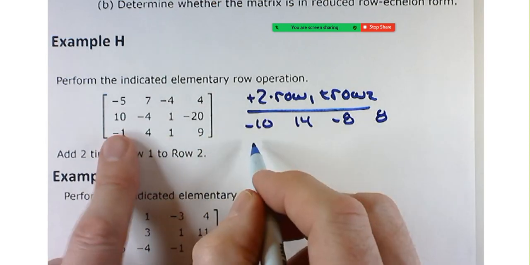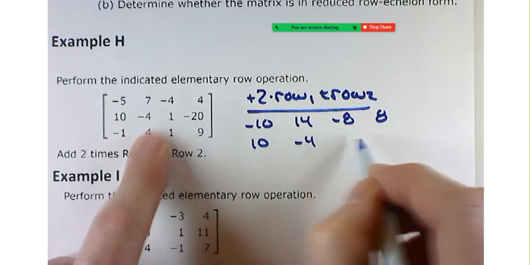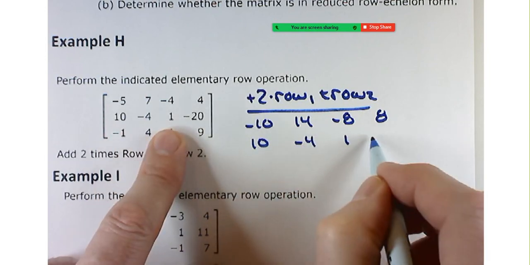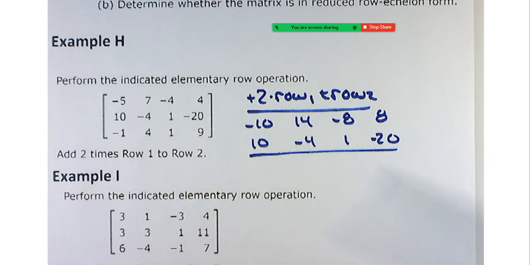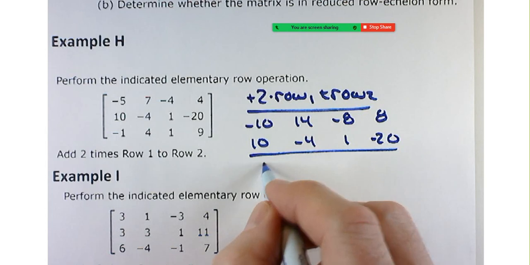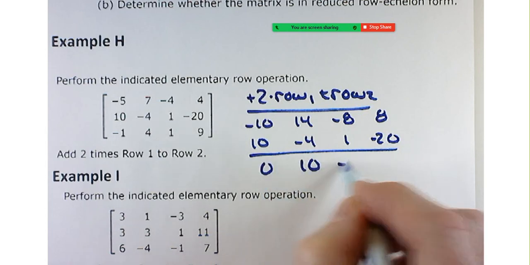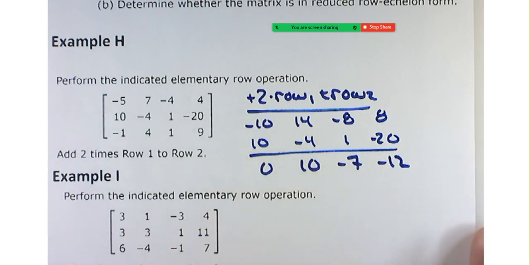And I want to add that to 10, negative 4, 1, and negative 20. And so what you're doing is this is a step along the way of putting it in reduced row echelon form. So what will that give me? That gives me a 0, 10, negative 7, and negative 12. Beautiful.